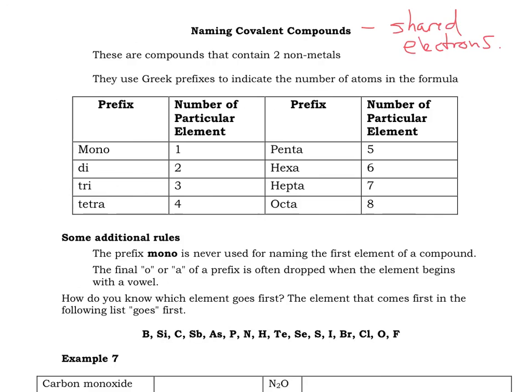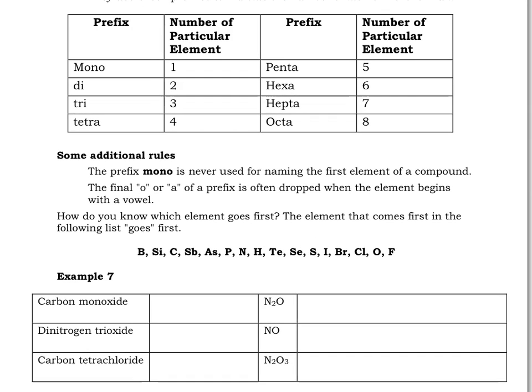And the way that we can easily identify them is that they possess two nonmetals. Now, unlike ionic compounds, we're going to use Greek prefixes to indicate the number of atoms in a formula. There's some additional rules with that. We're never going to use mono on the first element of a compound. Sometimes the final O or A of a prefix is dropped when the element begins with a vowel.